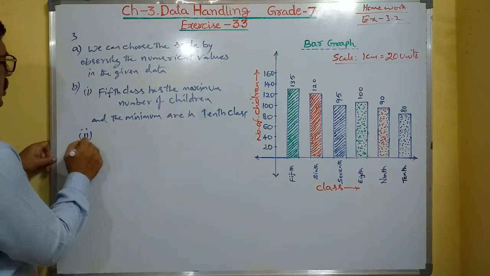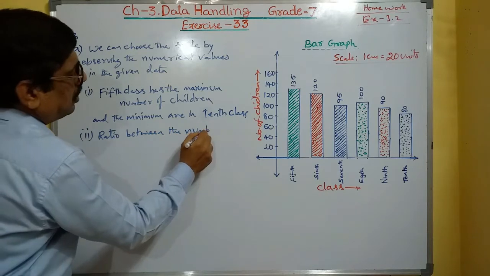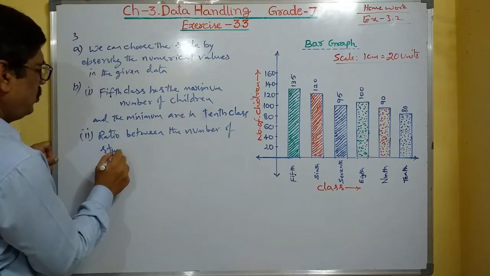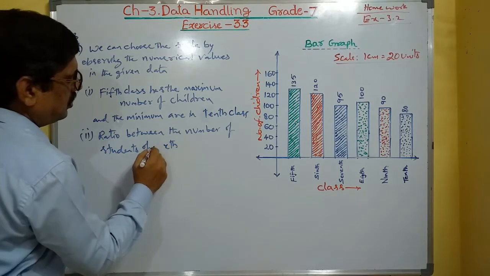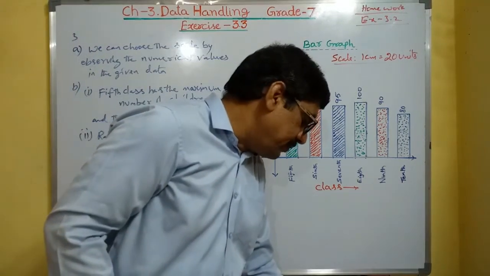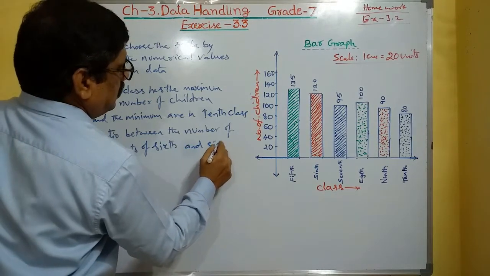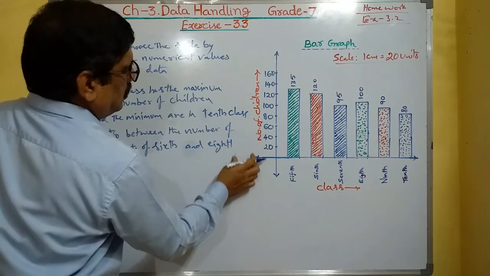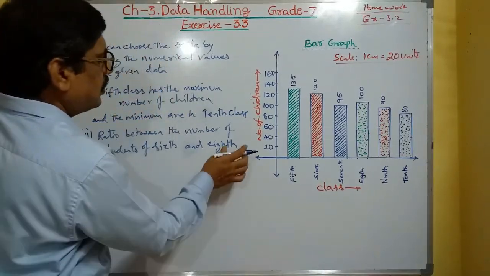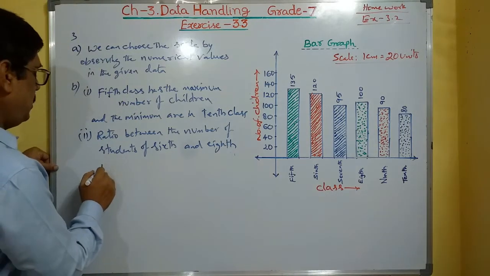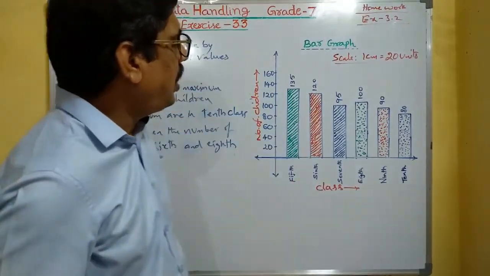So we have to answer that. The ratio between the number of students of 6th and 8th is: what is the number of students in the 6th class? 120, and in the 8th class 100.